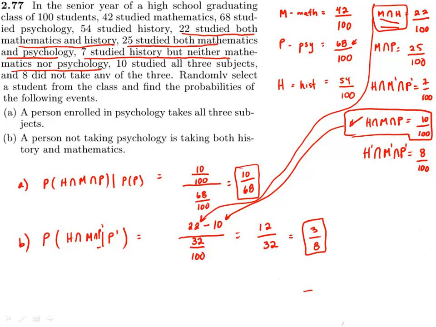Okay, so what we are doing is, we know the intersection of the 3 events. So these are the only students who are taking all the courses, right? So you know these 10 students are enrolled in these 3 subjects, okay? We also know the total of students who are enrolled in math and history, which is 22.